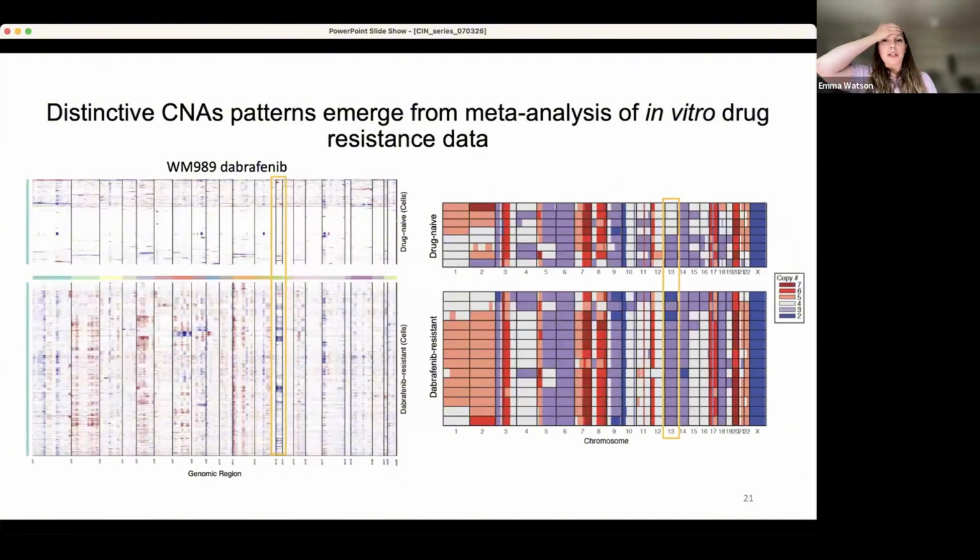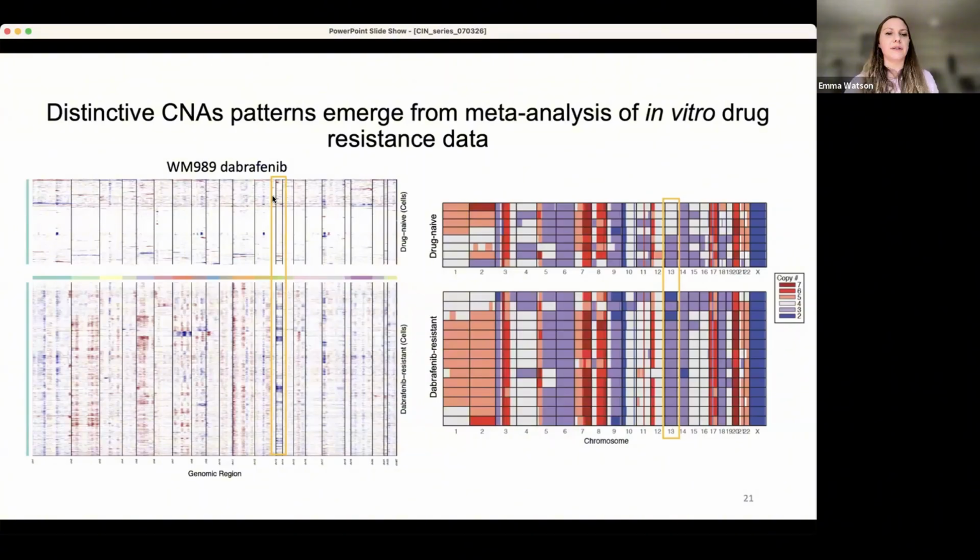And so we started looking at any data set we could find from the literature whereby someone threw a RAF inhibitor on a cancer cell line and then did some sequencing, RNA, DNA, whatever. We took whatever we could get, and we started seeing this pattern emerge over and over and over again, whereby resistant cells tended to acquire loss of chromosome 13 relative to the naive cells.